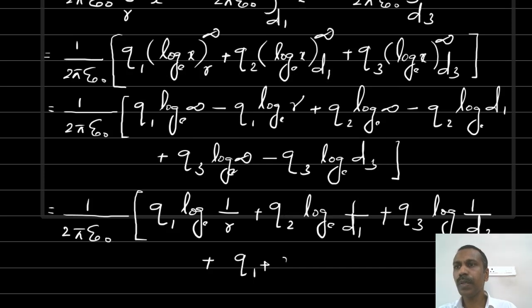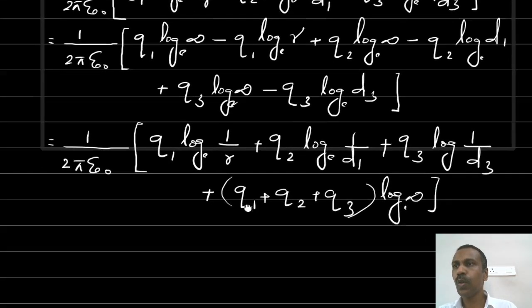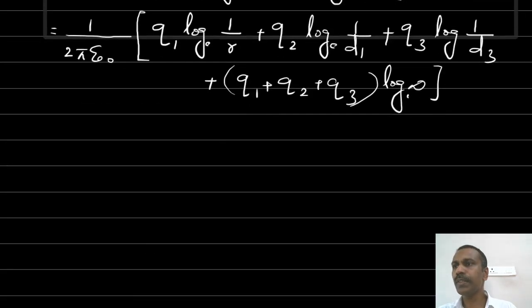So Q1 plus Q2 plus Q3 into log infinity. What is Q1 plus Q2 plus Q3? This is 0.